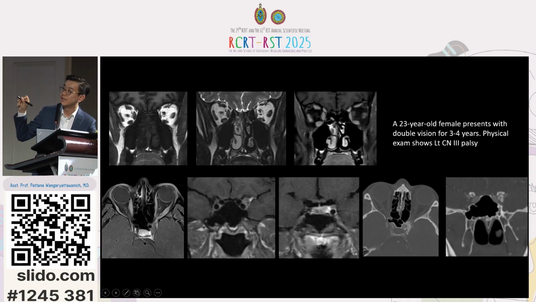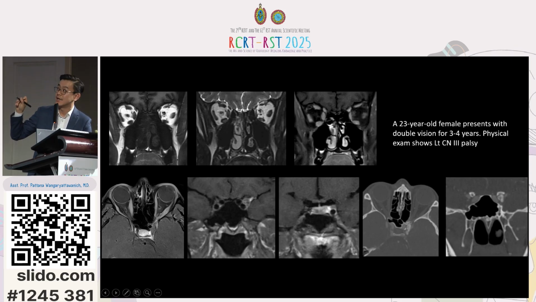Another case with pathology in the extraconal space, this is a young female who came in with diplopia or double vision that has been going on for 3 to 4 years. On clinical exam, she was found to have a palsy of the left cranial nerve 3. And then the MRI shows asymmetry of the extraocular muscles.